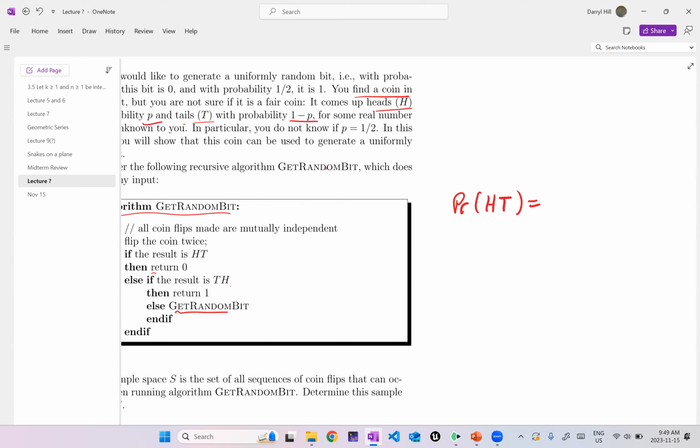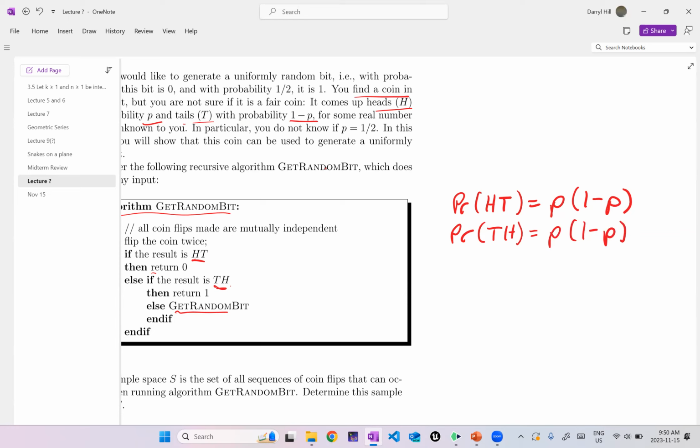This comes up heads with probability P and tails with probability 1 minus P. Each coin flip is independent, so I can take the product of the two probabilities, right? So it's P times 1 minus P. Likewise, the probability of tails, heads, right? So this is I return a 1, this is I return a 0. It's equal to 1 minus P times P, but I can rearrange the terms. These have the same probability.